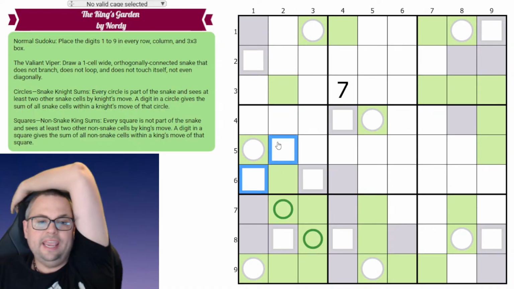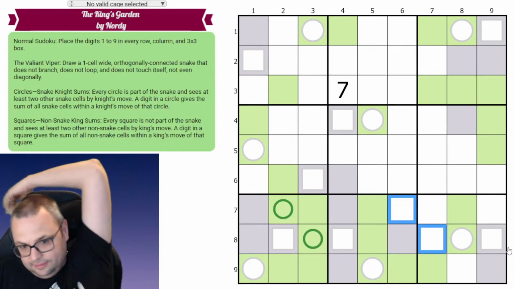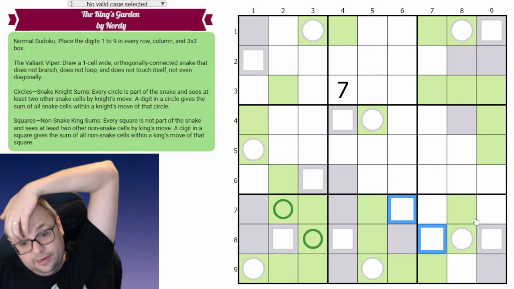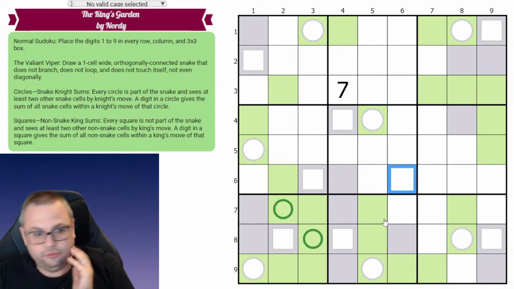Paul Fly's just saying I can't make both of these snake, so therefore that's snake. I agree. I was looking to see if some of these circles now are more interesting down here. This one, I guess, needs one of those two to be snake. They certainly aren't both snake. But I don't think I can do too much with that.